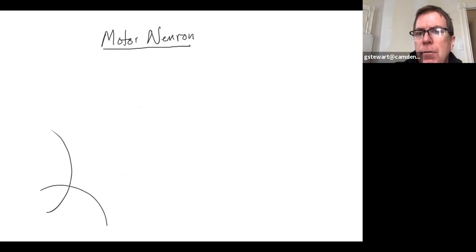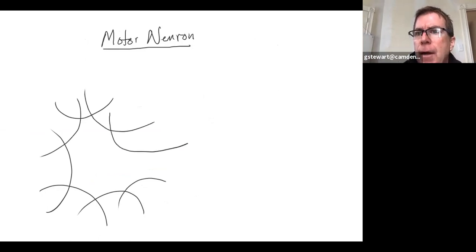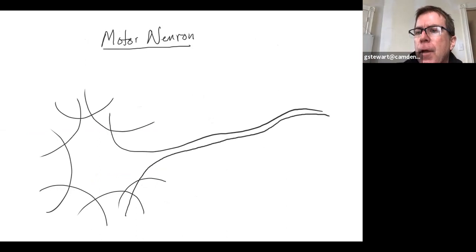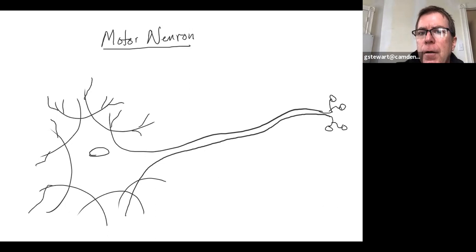So I'm going to quickly draw a typical motor neuron, and I'll label the parts for you and talk about their function. The large portion, this is a nucleus.